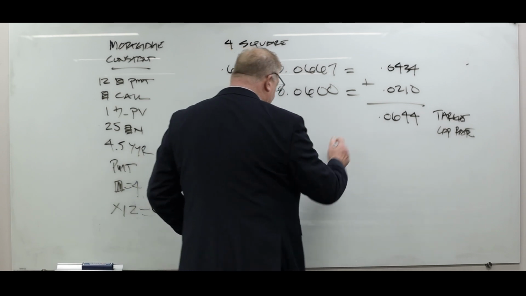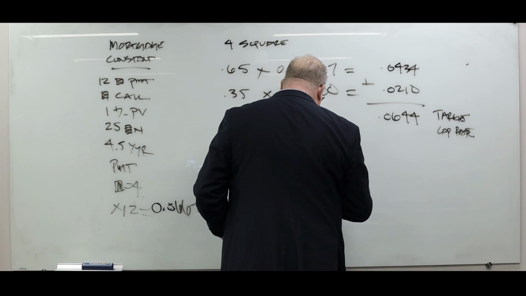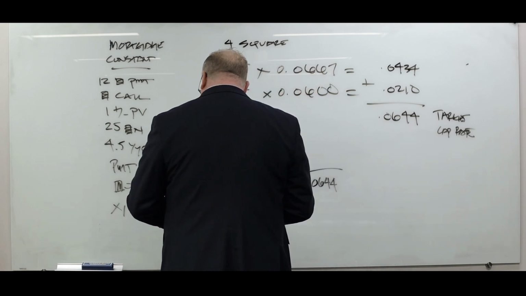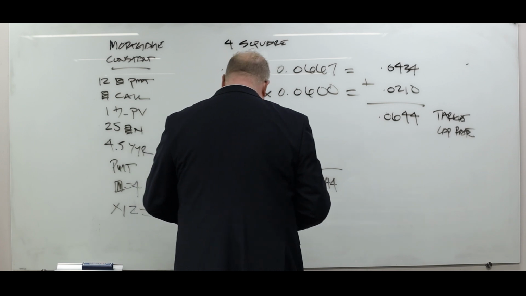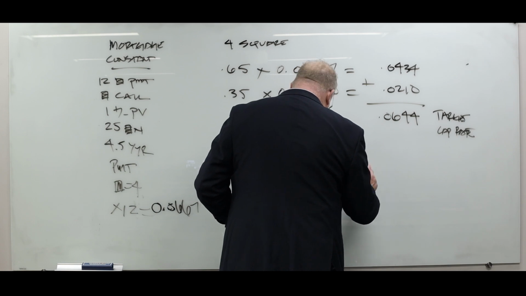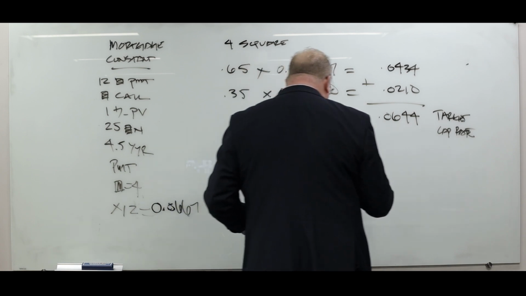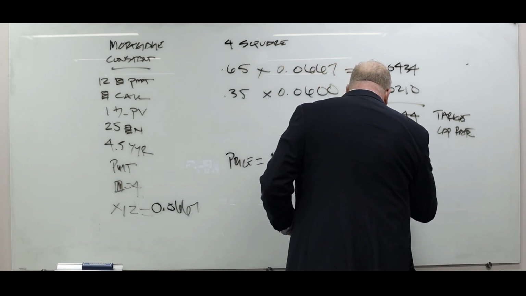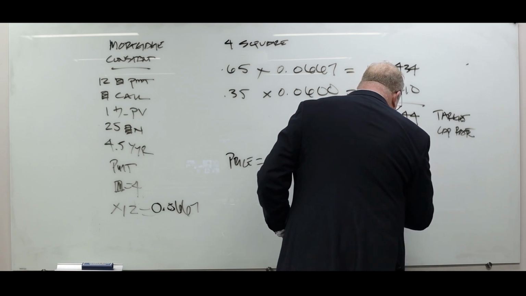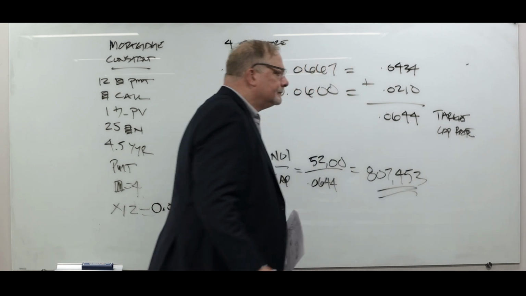Well, this cap rate I solved for, so the denominator here is .0644, and the numerator here is going to be 52,000. That's the NOI. So my strike price is 807,453. That's my price.